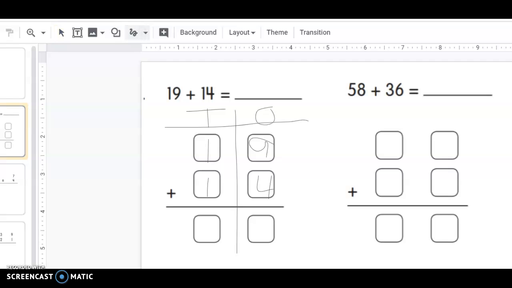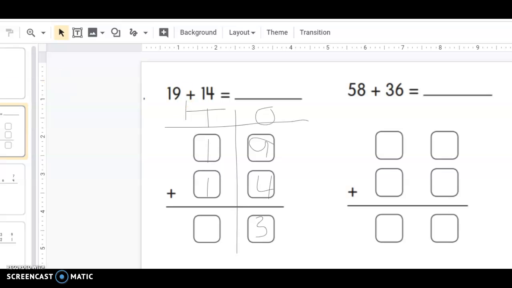I cannot write the number 13 in the ones place, so I have to take that 1 and move that baby up to that tens place, okay? So now here I have my 3 in the ones place and my 1 in the tens place.